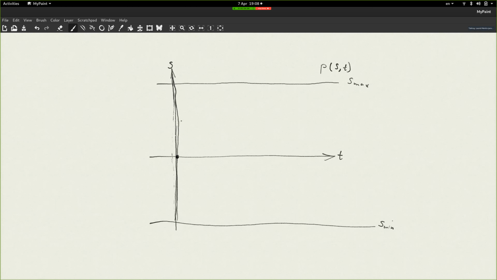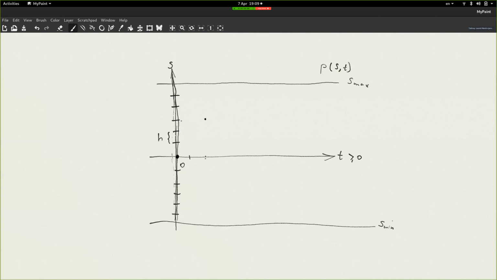Then we construct the grid by considering multiple values of S and multiple values of time. So, for example, consider some point, and this point is surrounded by others. Suppose that h is our step in S, and let's say tau is our step in time. Then we have a grid.